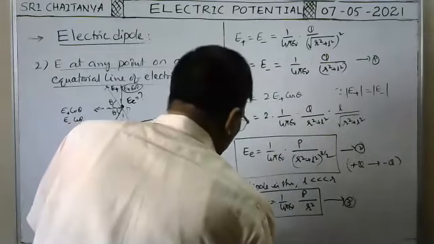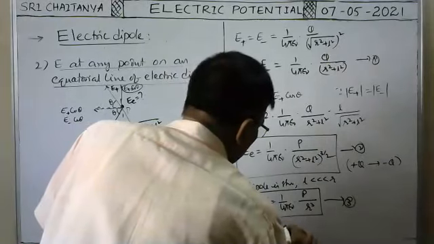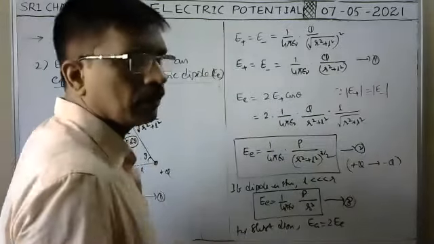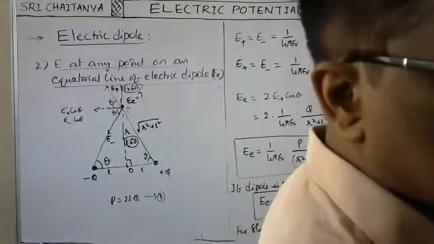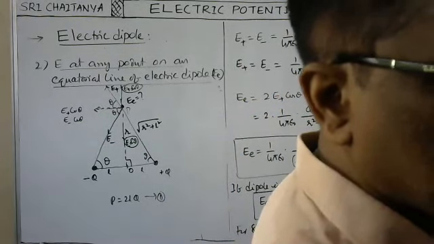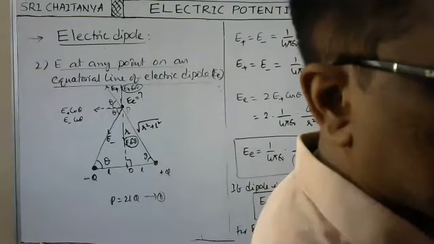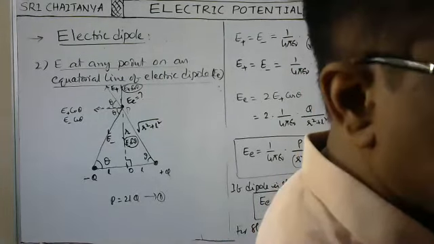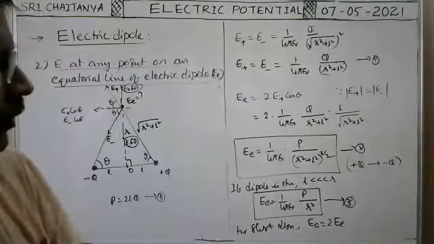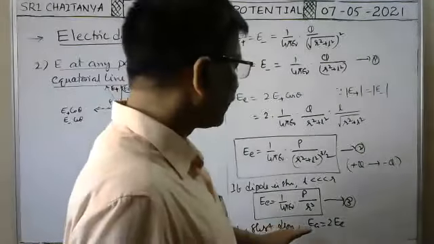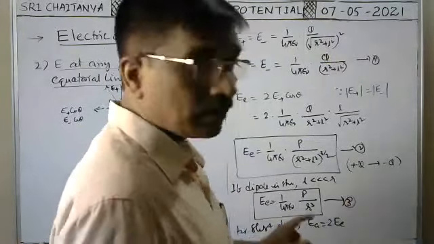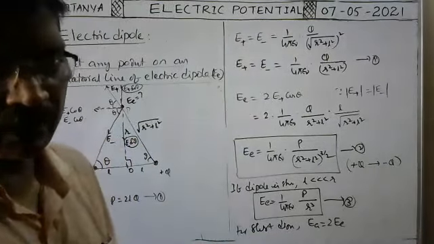That is for a short dipole. So the intensity of the electric field on the axis is equal to 2 times the intensity of the electric field on the equatorial line. It is the case of a short dipole only. Okay.